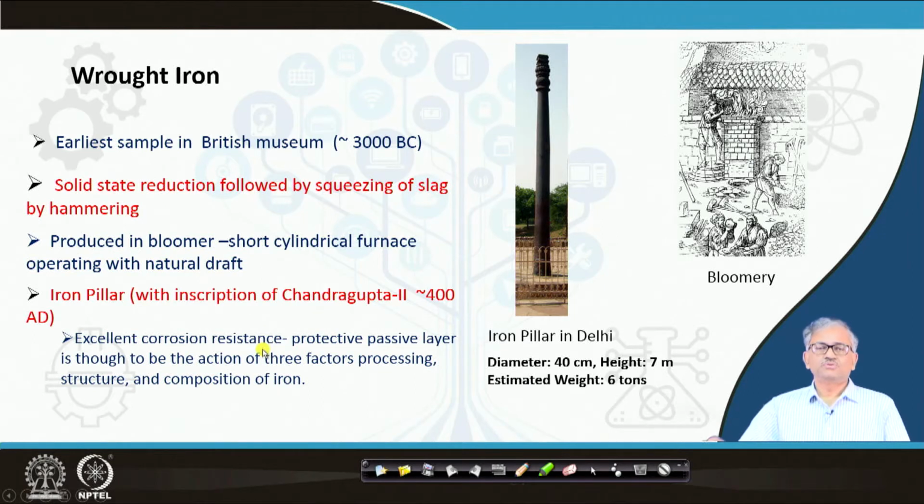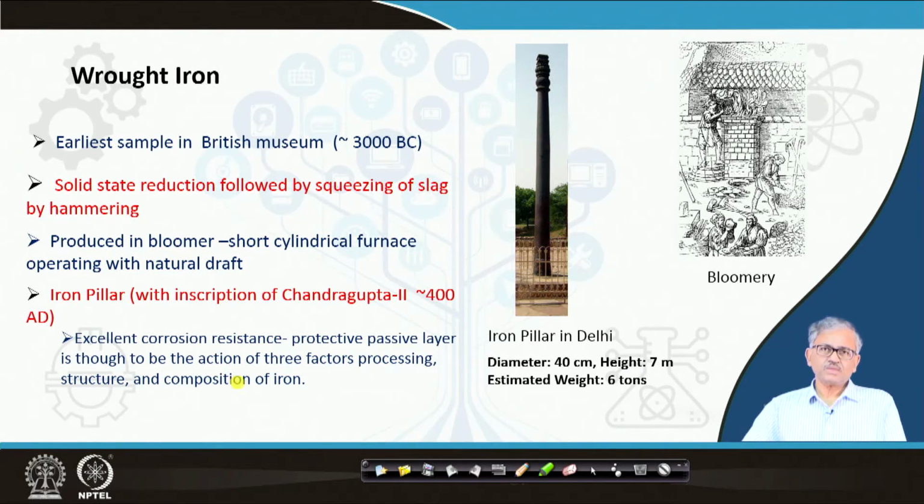As a result, this intermixed slag gives this protective layer. They form a passive oxide layer outside that never allows any penetration of oxygen inside. Not only oxygen, moisture, anything cannot penetrate inside because of this passive layer formation, and it is attributed to the processing, structure and composition.